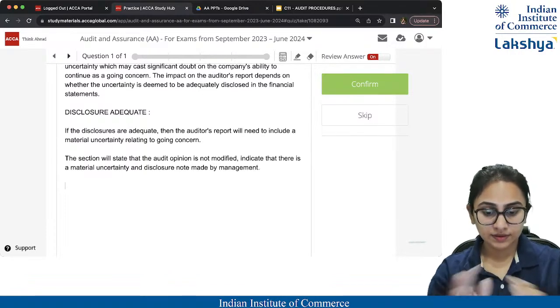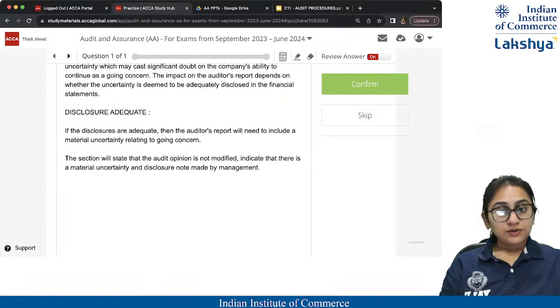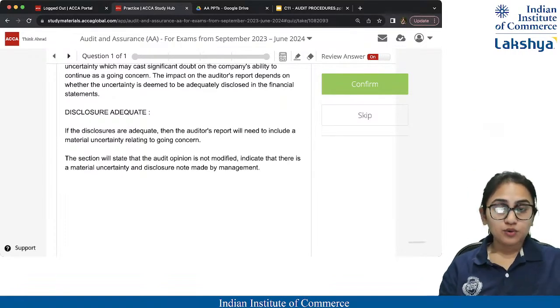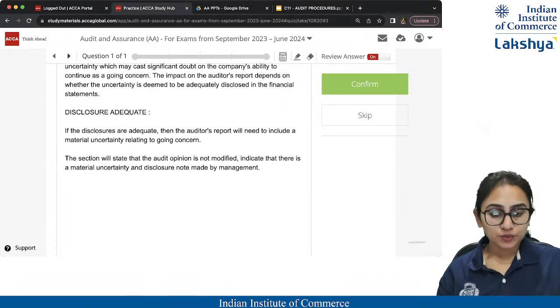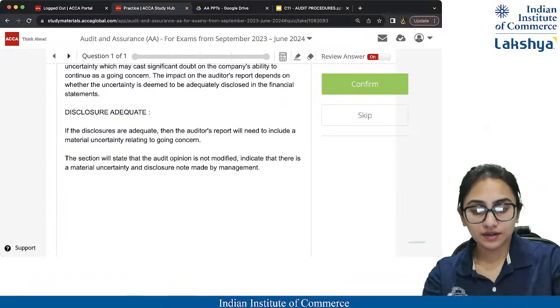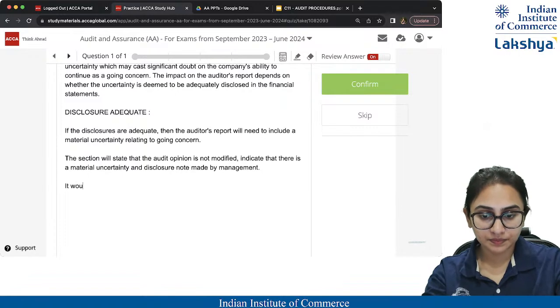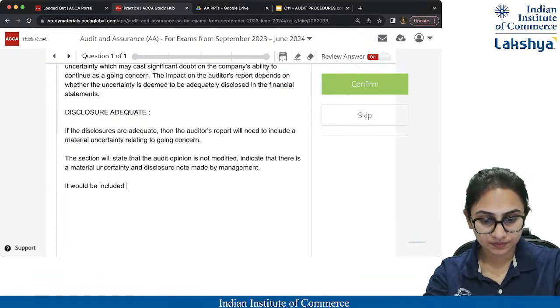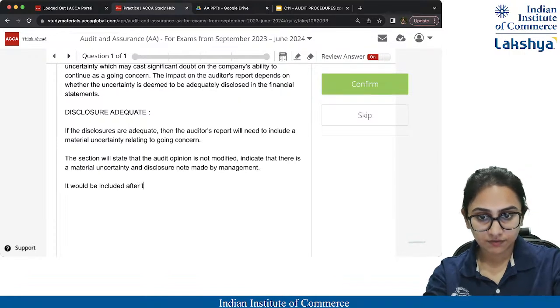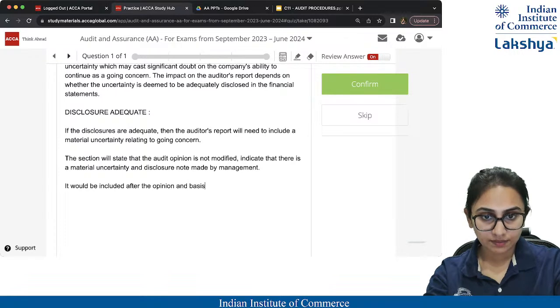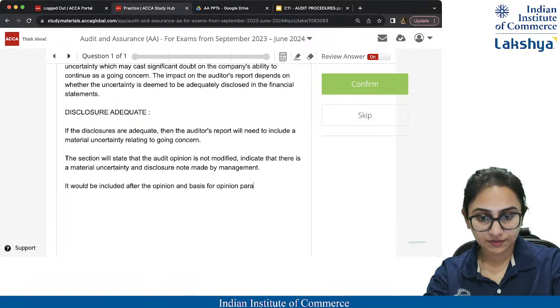And once you give your opinion which is not modified, you also have to give a basis for your audit opinion, so that would also be there. So it would be included after the opinion and basis for opinion paragraph.